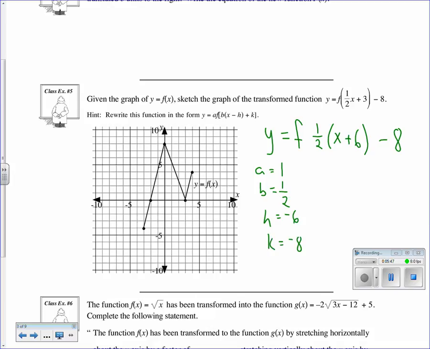So what's going to happen to this graph? Nothing in the vertical stretching region. So S, nothing in the vertical stretch. In the horizontal stretch, I'm going to stretch by 2. So the horizontal stretch comes from B. This is a horizontal stretch of 2.